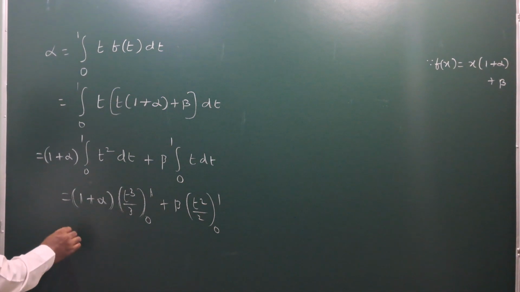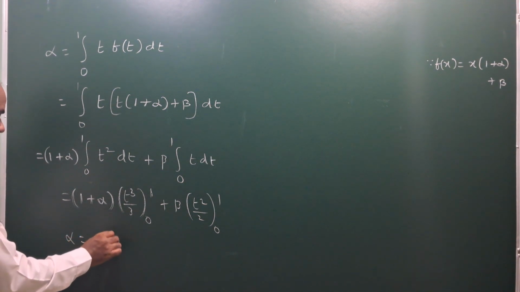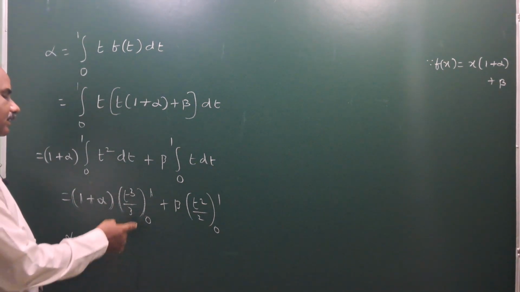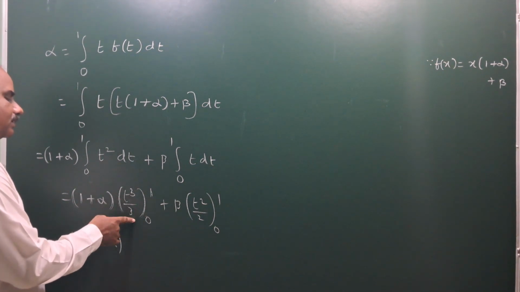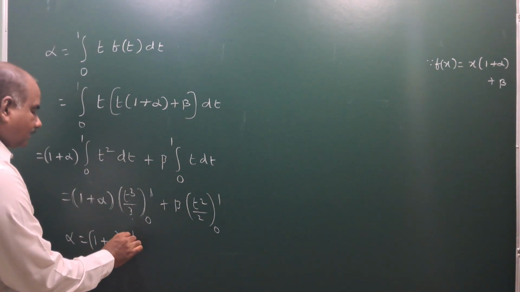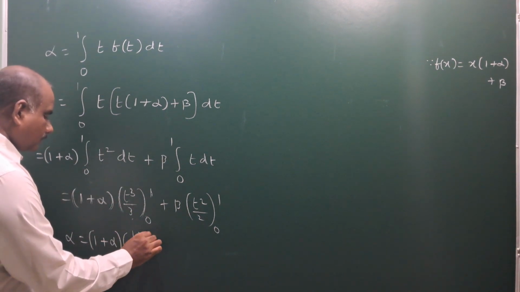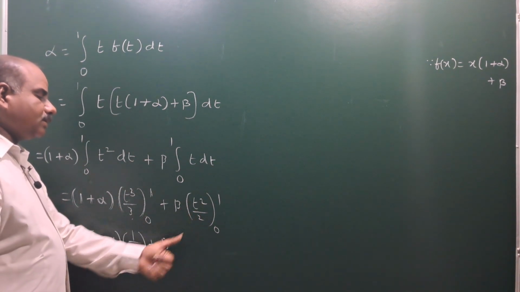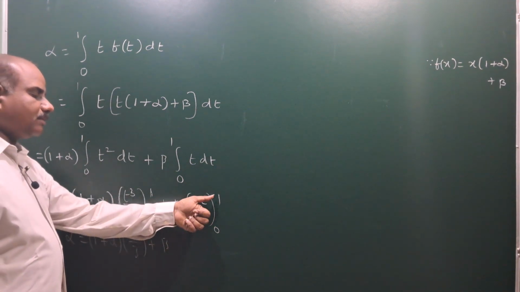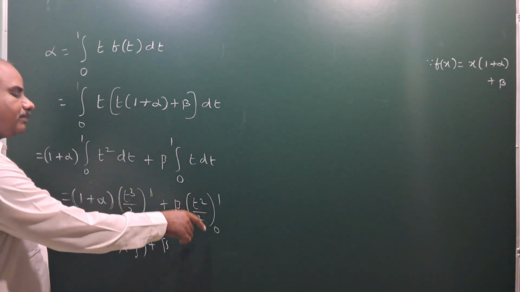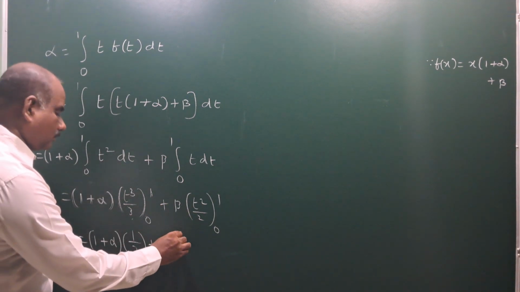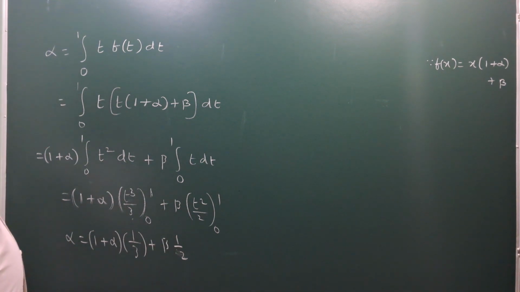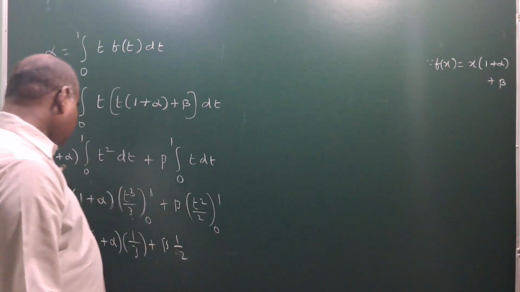Therefore alpha is equal to (1 plus alpha) into, here upper limit 1, lower limit 0, so finally 1 cubed by 3 minus 0 cubed by 3, which is 1 by 3, plus beta into (1 squared by 2 minus 0 squared by 2). First we substitute the upper limit and then the lower limit, upper limit minus lower limit. 1 squared by 2 means 1 by 2 only, and 0 squared by 2 means 0. Now we have to simplify this.